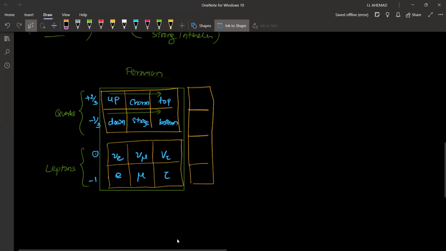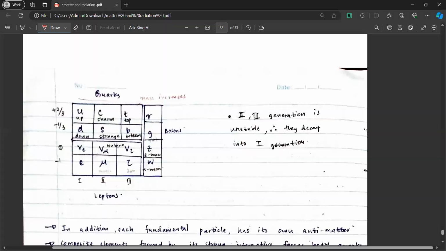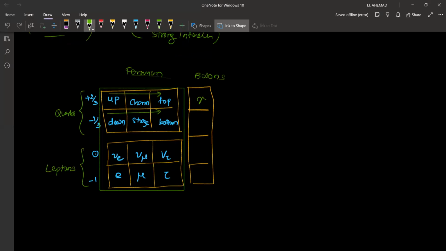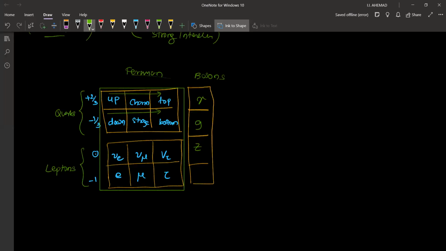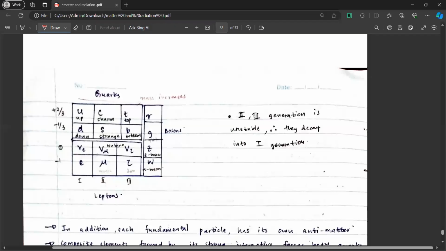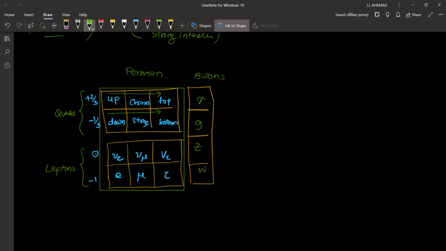So this over here is the fermions. And this block is for bosons. This is photon, this is gluon, and next we have Z boson and W boson.